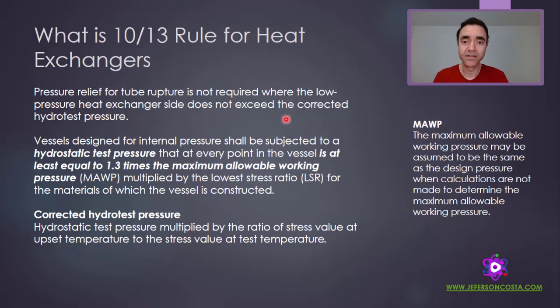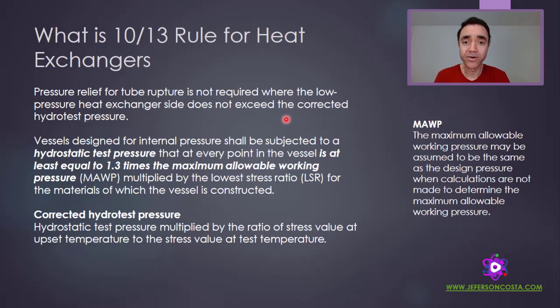So eventually, if you have a side that has a higher pressure than the other side, for instance the tube side has a higher pressure than the shell side, and there is a tube rupture, I need to protect the lower pressure system, or the lower pressure side, with a PSV or a pressure relief device.